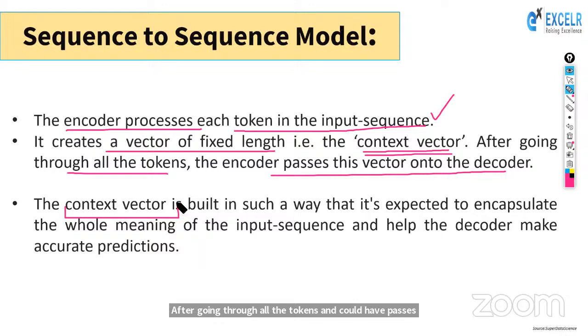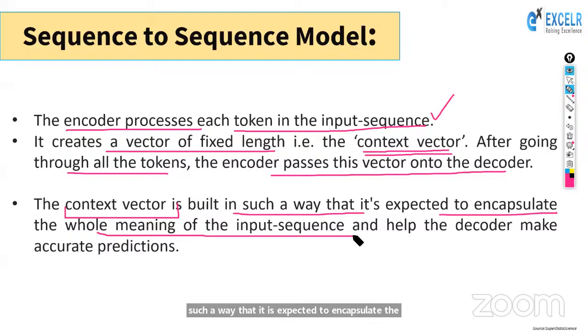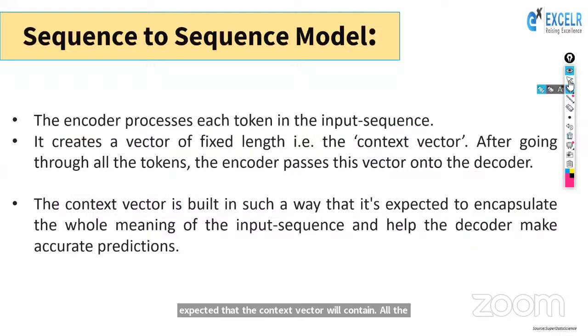This context vector is built in such a way that it is expected to encapsulate the whole meaning of the input sequence, and that helps the decoder make accurate predictions. Decoder will generate the text based upon this context vector only, and it is expected that the context vector will contain all the information related to the input sequence.